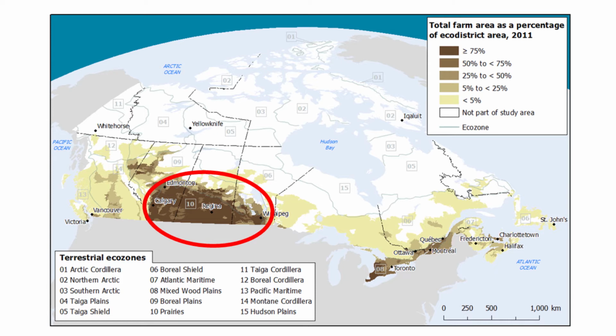The frost-free period is also shorter than it is in Ontario, or at least southern Ontario. And so they have a very short growing season, and their winters are very, very cold, okay? So they have a harder time growing something like winter wheat. Very little fruit and vegetable production occurs in the prairies.